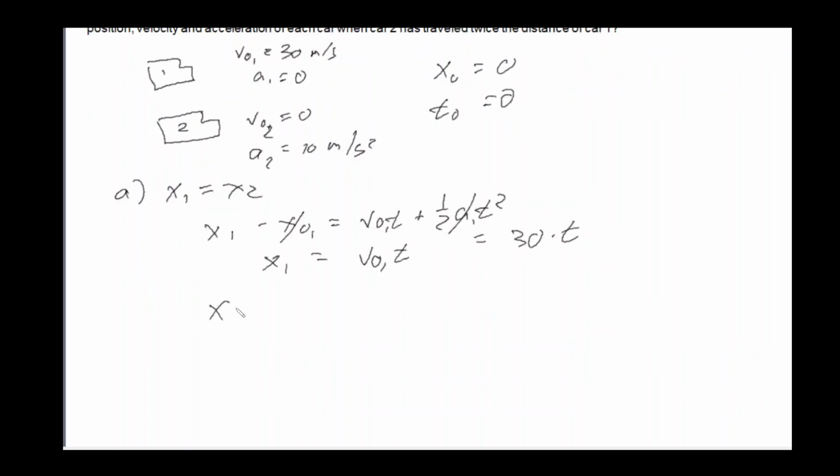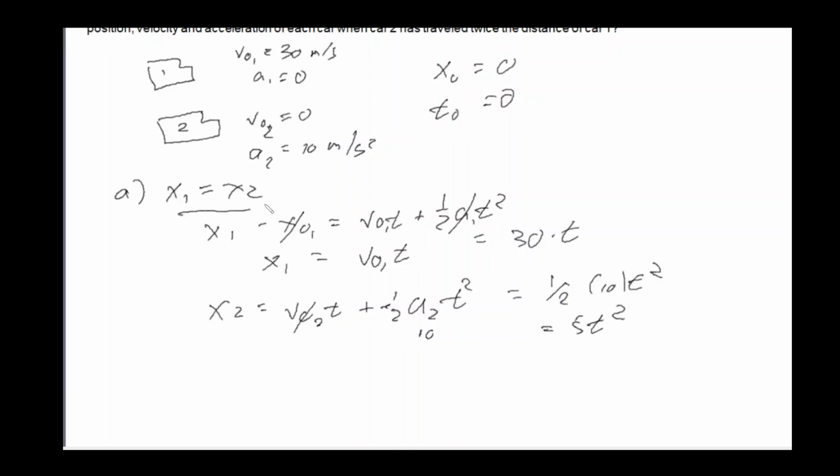For car 2, we know that equation becomes as follows, and we know that v0 is 0 and acceleration is 10, so that becomes x2 is equal to 1/2 10 times t squared, or 5t squared.